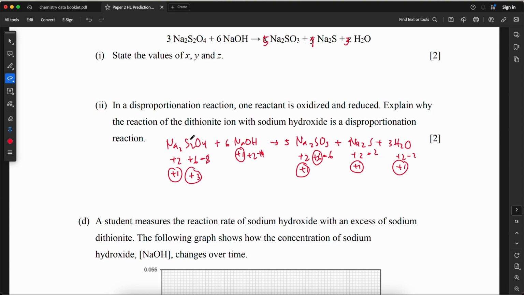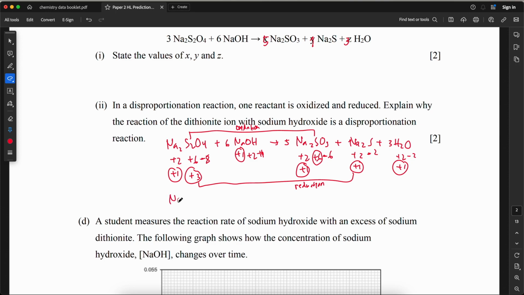As you can see, S here goes from plus 3 to plus 6, oxidation, and for S here, reduction, right, from plus 3 to plus 1.